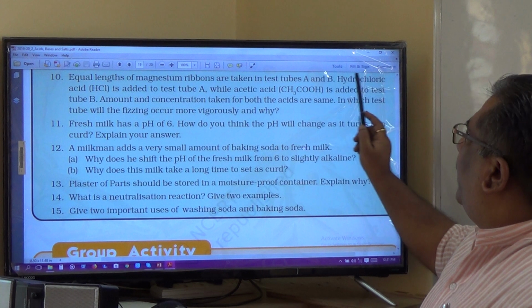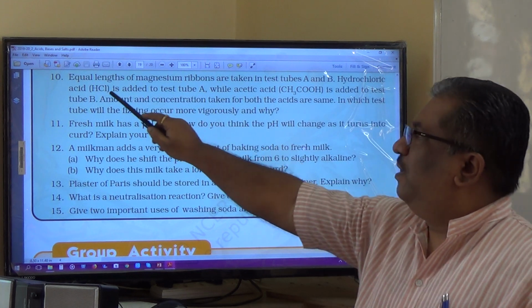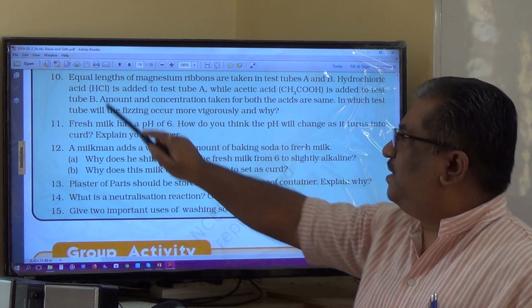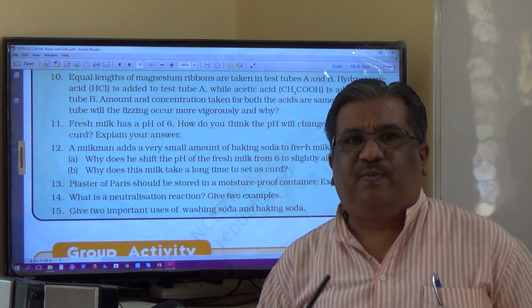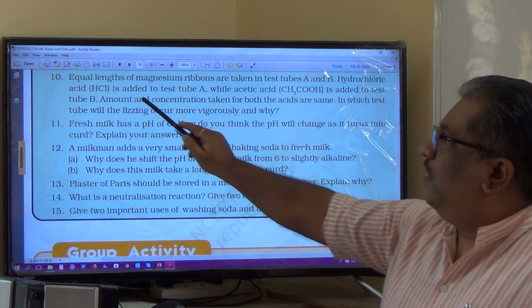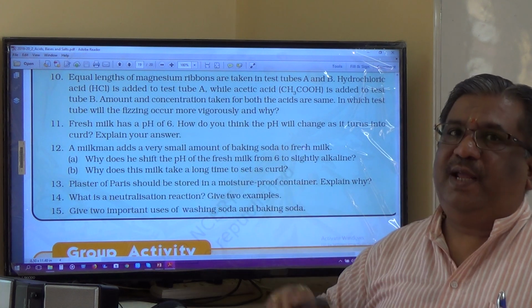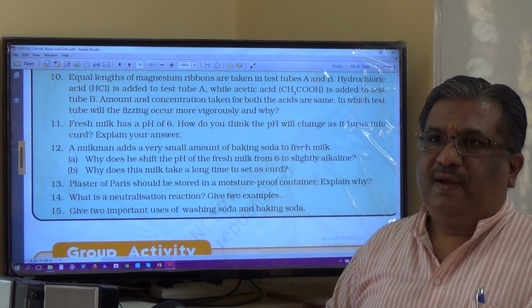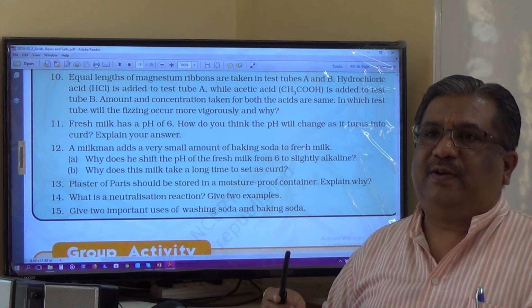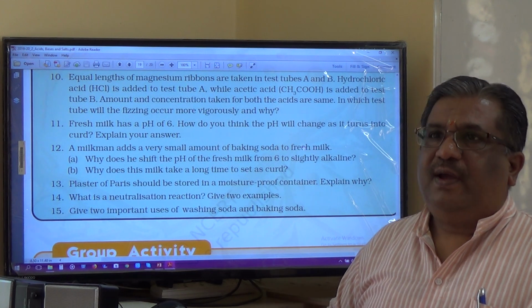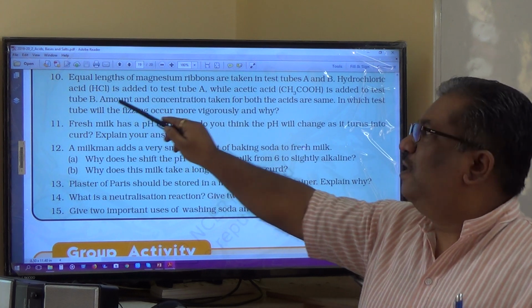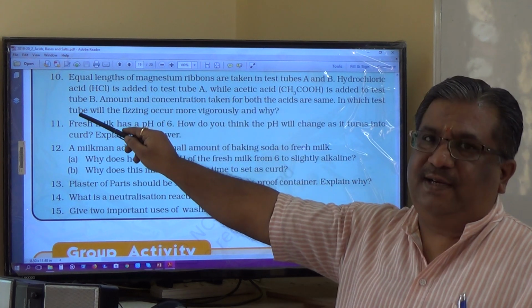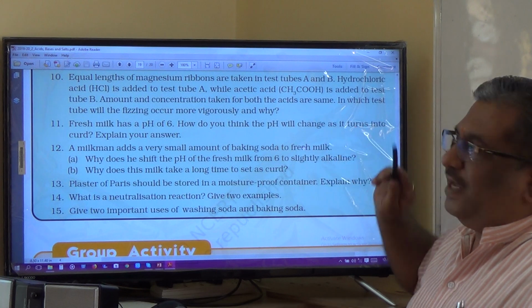First of all, consider the reaction between magnesium and HCl, and magnesium and acetic acid. We know metals react with acids to produce hydrogen gas. Hydrochloric acid being a strong acid, it dissociates into respective ions very quickly, and therefore hydrogen gas is liberated at a much faster rate when magnesium reacts with hydrochloric acid compared to acetic acid.